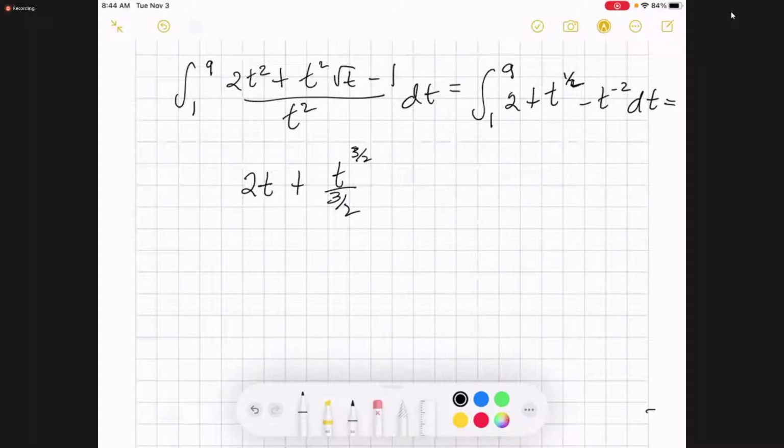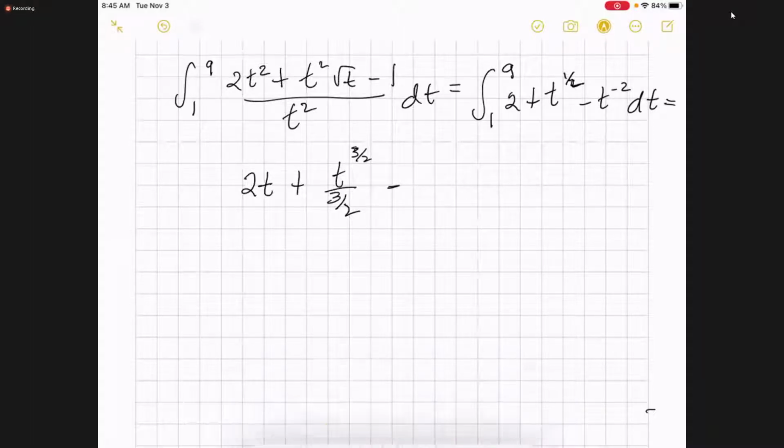The fraction is a pain because you can't put a fraction under a fraction. Do it in 2 steps. Doesn't it end up being 2t to the 3/2 over 3? Yes, it does, and I'll write that in a minute.